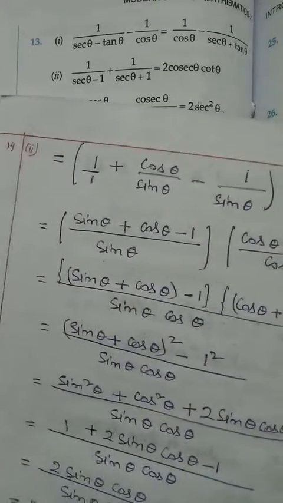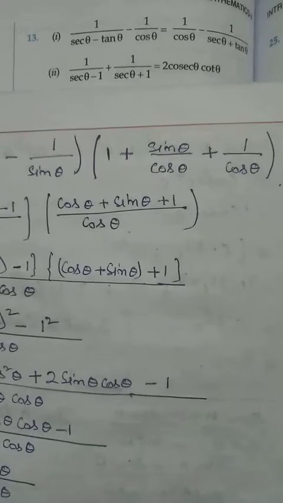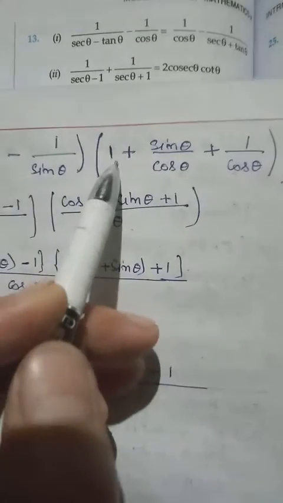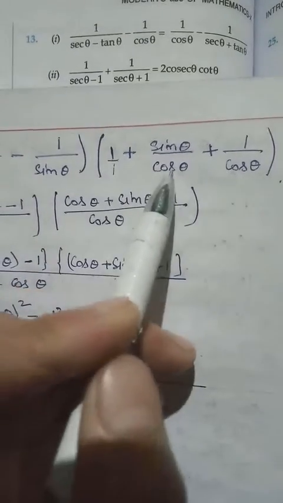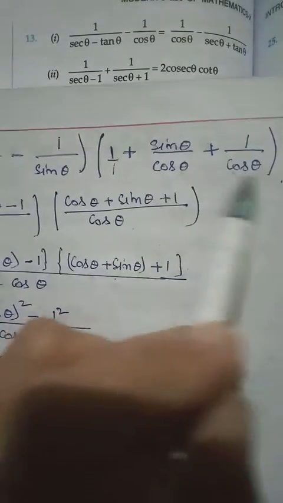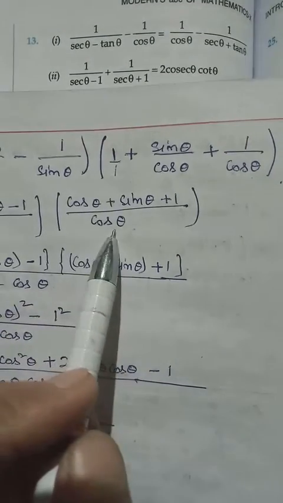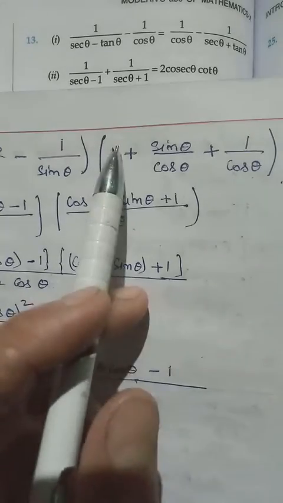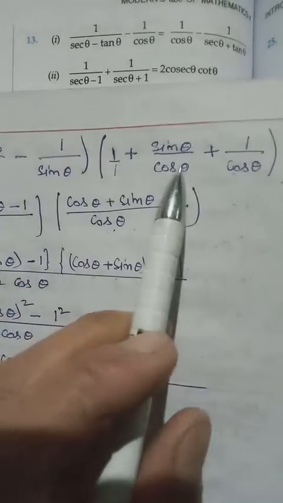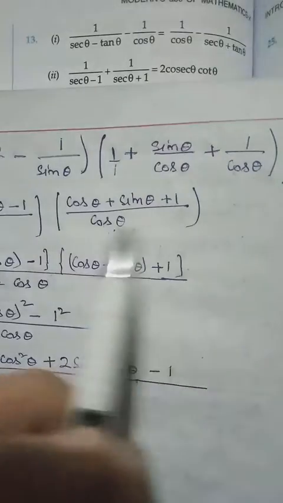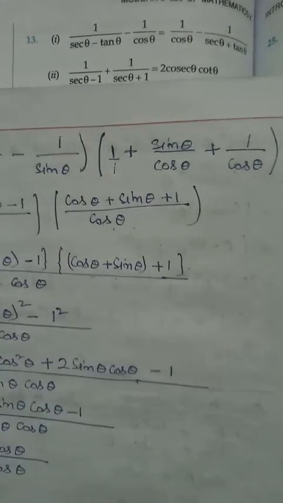Okay, let us see the other bracket. Here also in the denominator we have 1 and cos theta. So we can take cos theta as the LCM. 1 divided by cos theta, it will be cos theta into 1, cos theta. Denominator and LCM same, so numerator remains same.